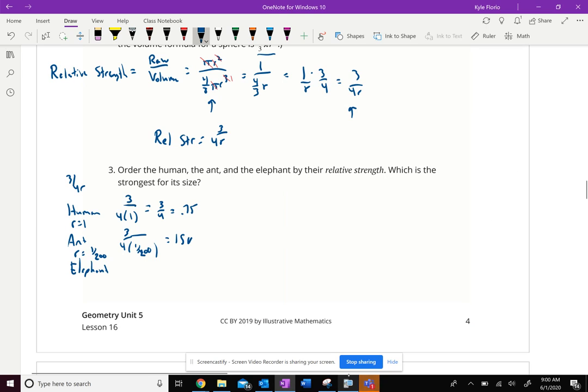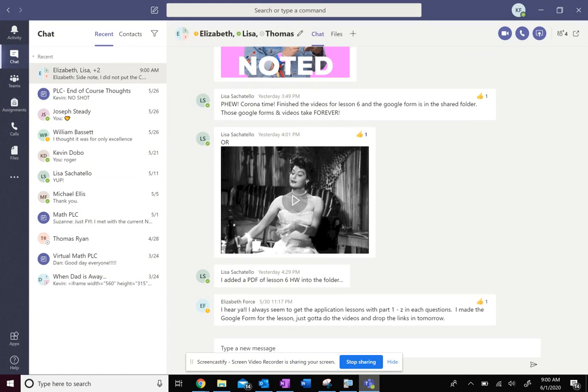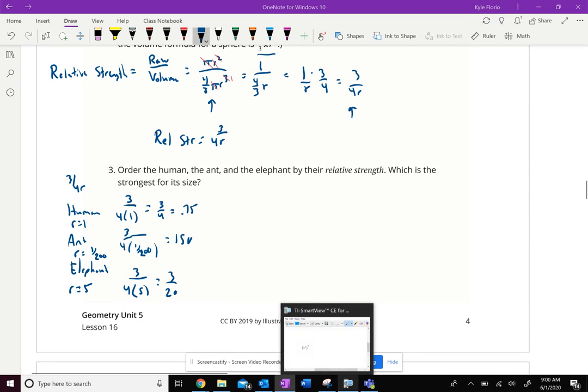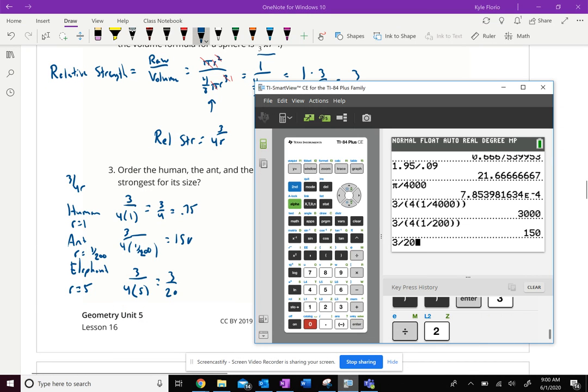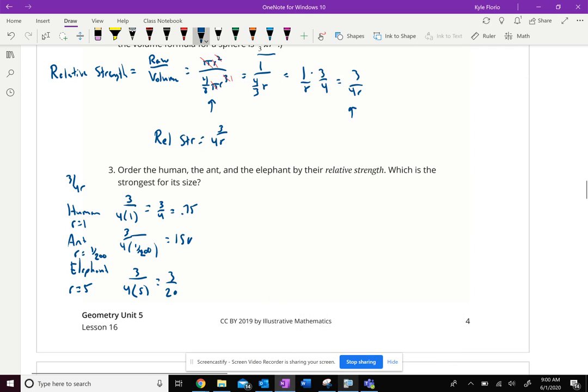And the elephant, it's 3 over 4 times the radius, and the radius for the elephant was 5. So that's 3 over 20. That's 0.15. So the relative strength, it looks like the elephant has the least relative strength, where the ant has the most.